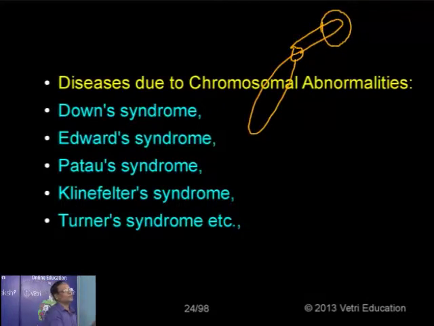Say an example of the 5th chromosome, let us take the 5th autosome. There you have loss of a piece of chromosome, a deletion of a small segment from the chromosome, and as a result, one disorder develops. This is also an example of chromosomal abnormalities. Here we have deletion of a small segment, not a number change, but a structural change.